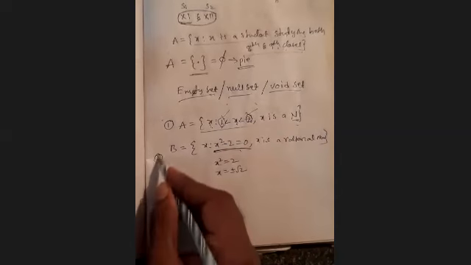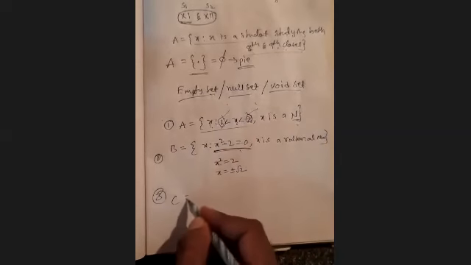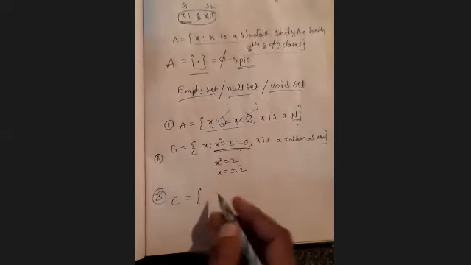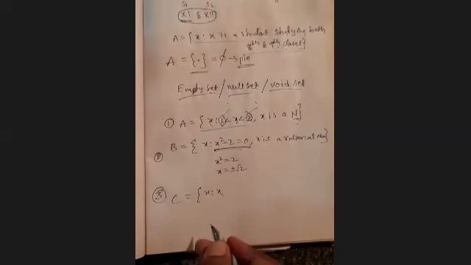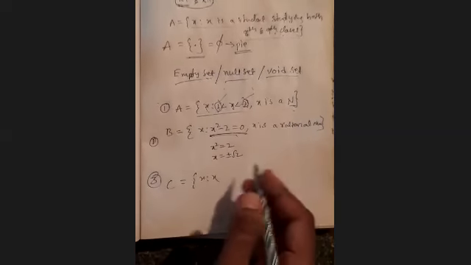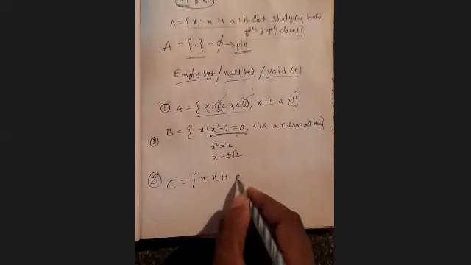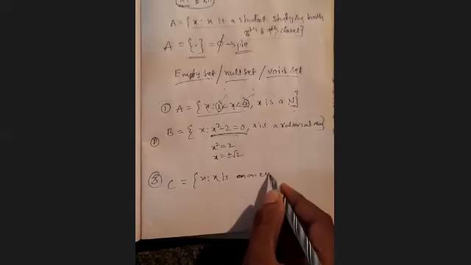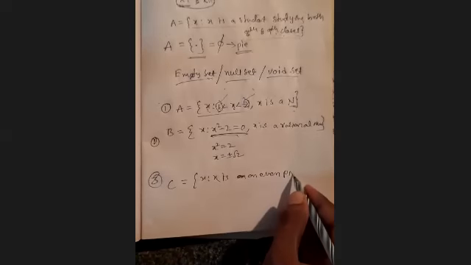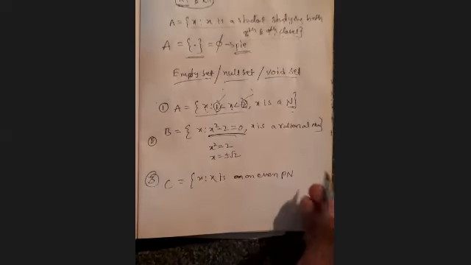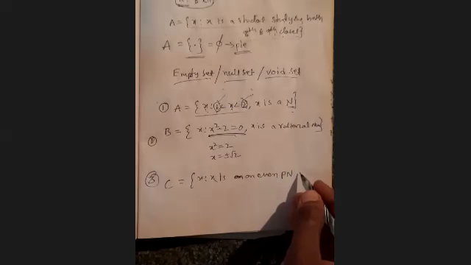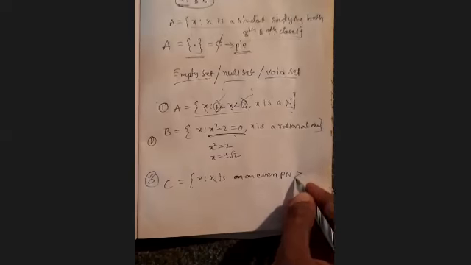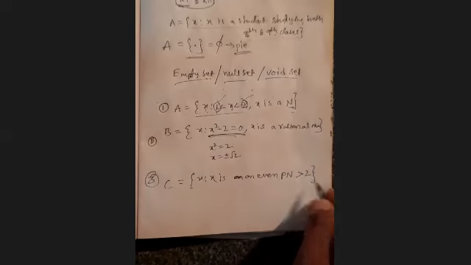And one more example also here given, that is C equal to x such that x is an even prime number which is greater than 2.